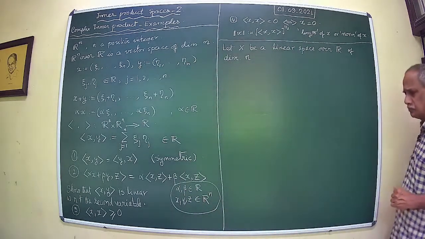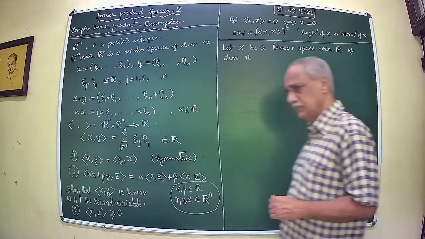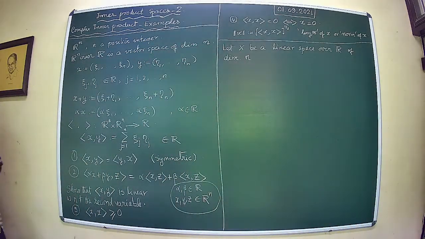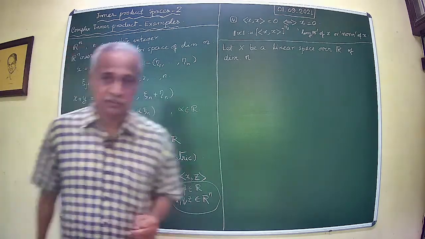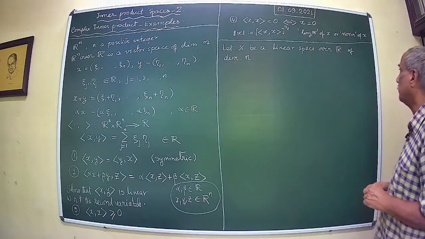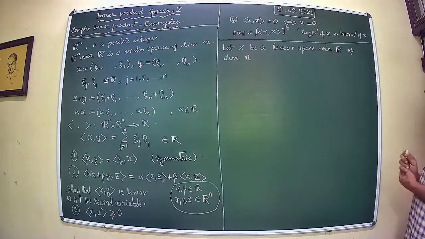That means it has a basis consisting of n vectors, okay, spanned by n linearly independent vectors over R.